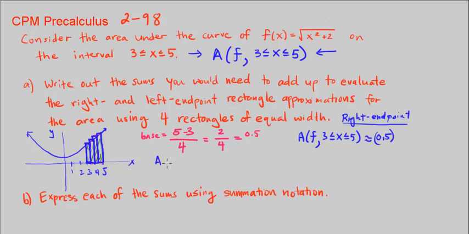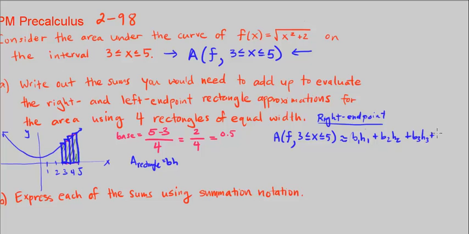Remember, the area of a rectangle is base times height. With 4 rectangles, that's base 1 times height 1, plus base 2 times height 2, plus base 3 times height 3, plus base 4 times height 4. So that is my area.